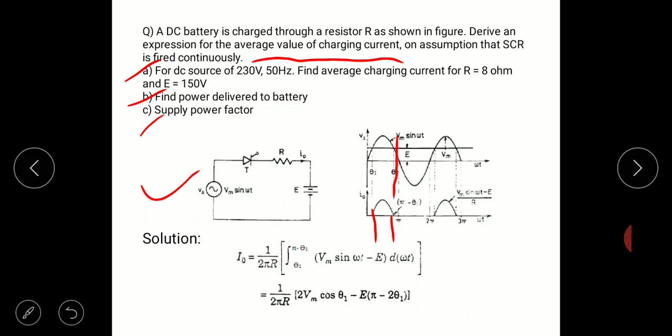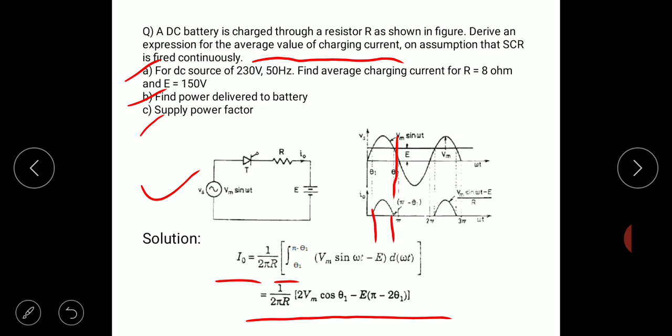So current will exist only between theta 1 and pi minus theta 1. So in obtaining load current average value, instead of integrating between alpha and beta, we will integrate between theta 1 and pi minus theta 1.